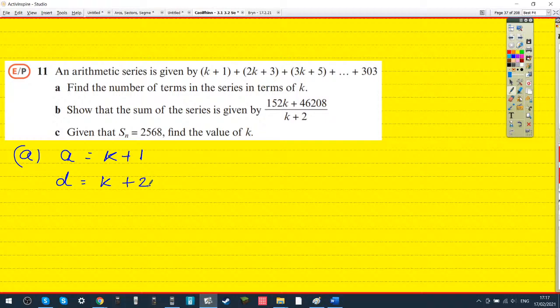Let's see. Some term in here is A plus n minus 1D, which gives you 303. I don't know.